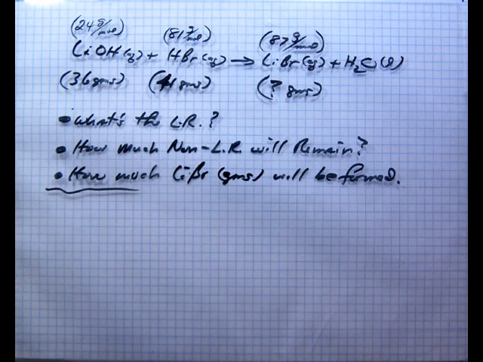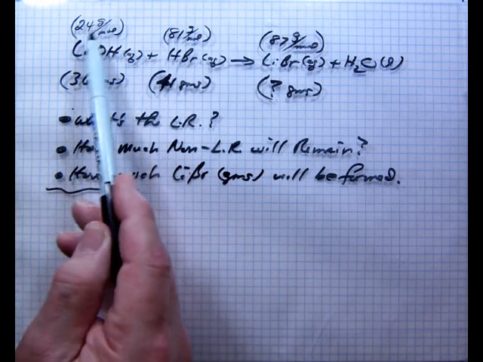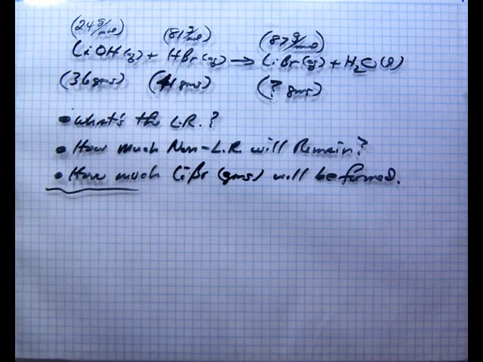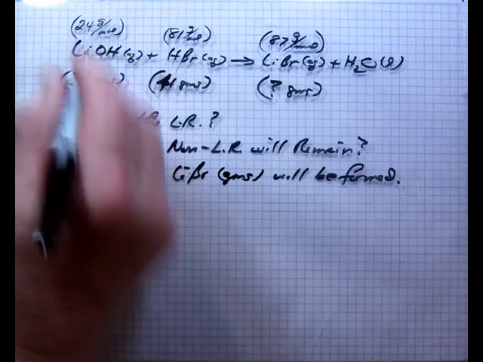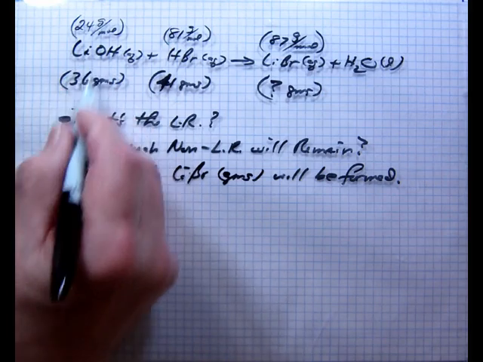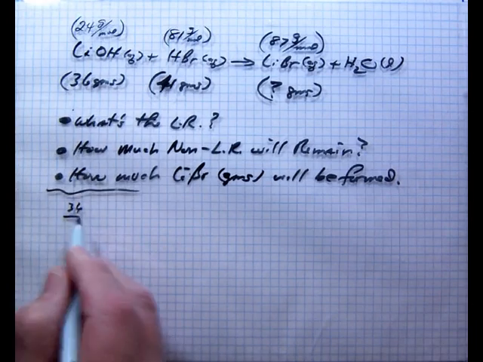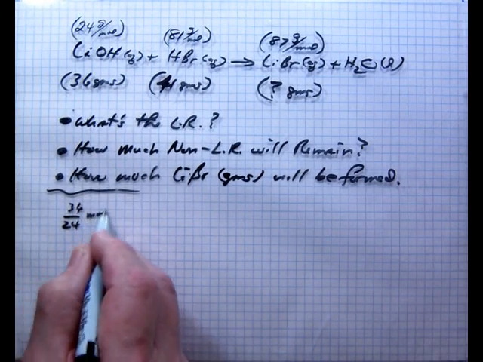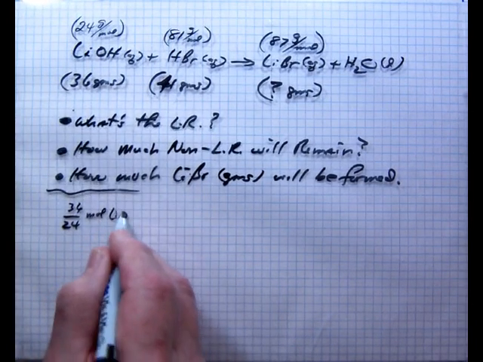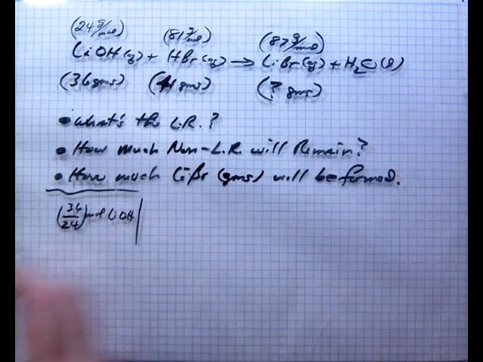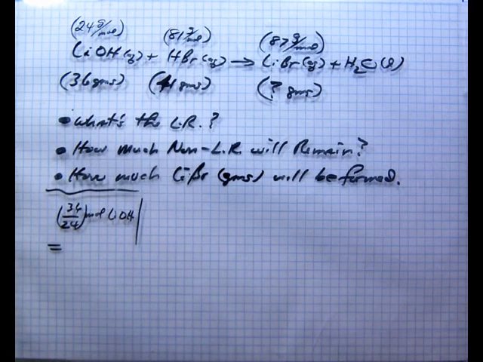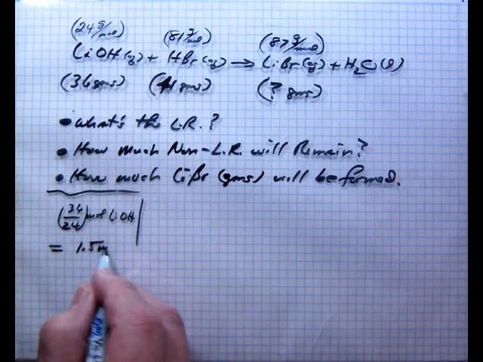Okay, putting in some needed data, I calculated very quickly the formula weights of each one of the compounds, and I wrote them in over the equation that's given. So in terms of moles, lithium hydroxide is 36 over 24 mole of lithium hydroxide, or 1.5 mole.